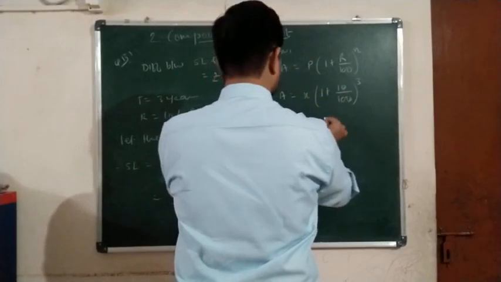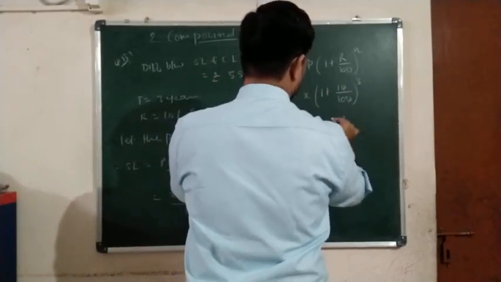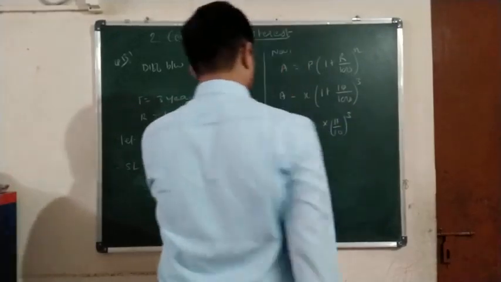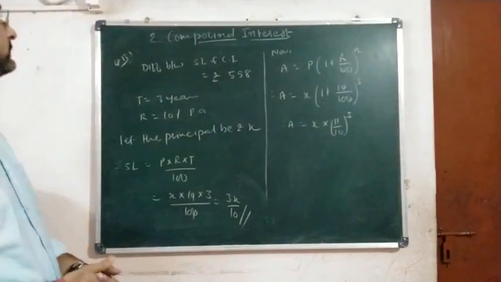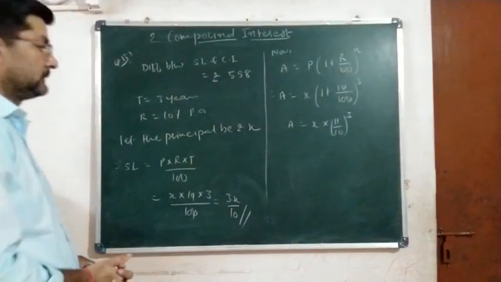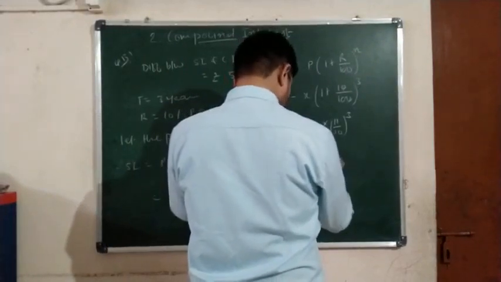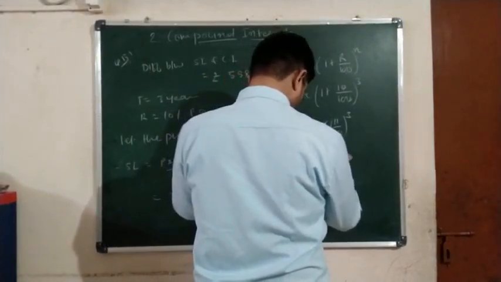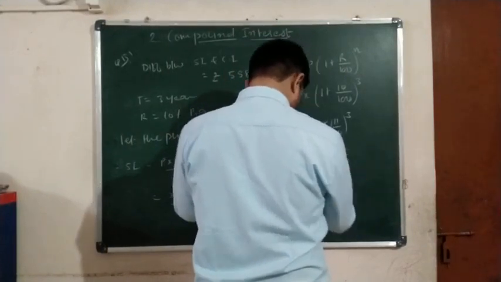Therefore amount is equal to x into 11 by 10 raised to 3. Yes or no? And now amount is equal to 1331x upon 1000.